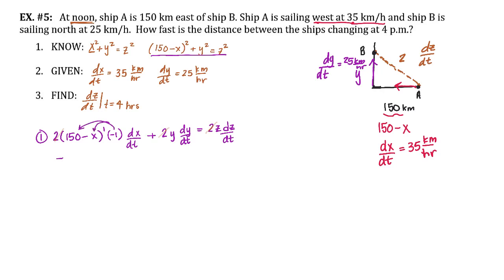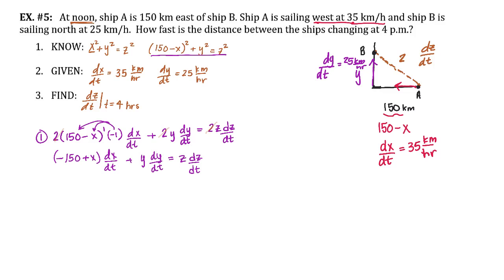So we would have negative (150 minus x) times dx/dt, plus y dy/dt, equals z dz/dt.